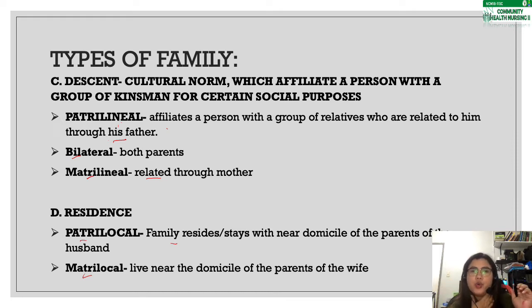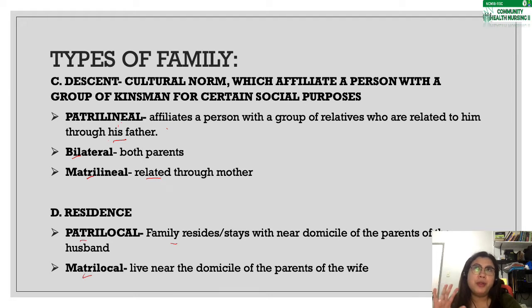So, for the residence, it can be patrilocal or matrilocal. In patrilocal, the family resides or stays near the domicile of the parents of the husband. Meaning, they live near where the father came from.